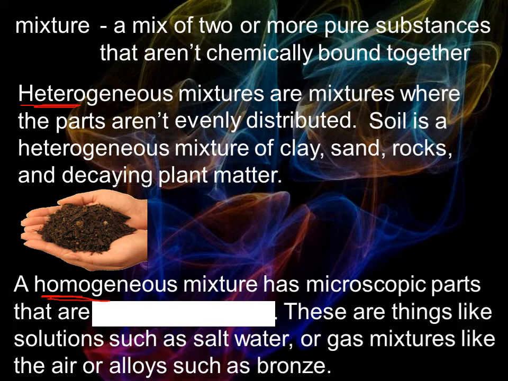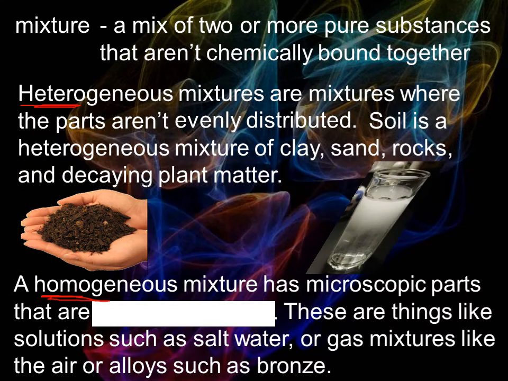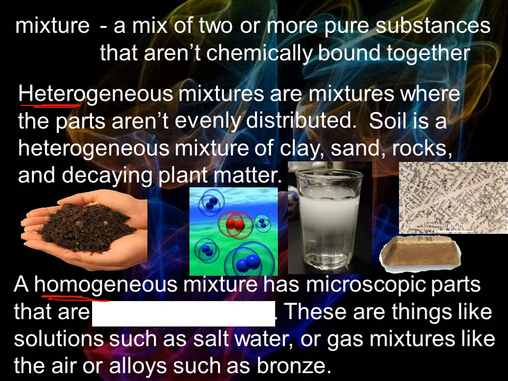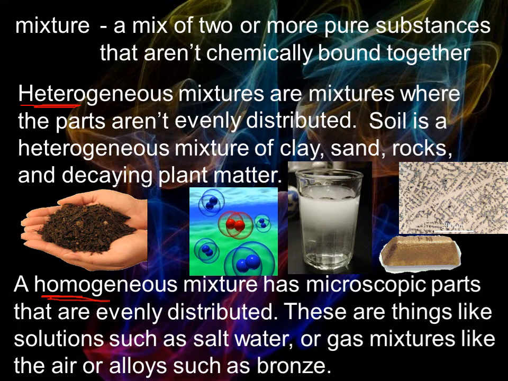Heterogeneous, homogeneous. Okay. Hetero means different. Homo means same. Heterogeneous mixtures are mixtures where the parts aren't evenly distributed. That means they look different. If you were to look at a collection of soil, you would see little tiny pieces of sand, little pieces of clay, little broken pieces of plants, little tiny rocks.